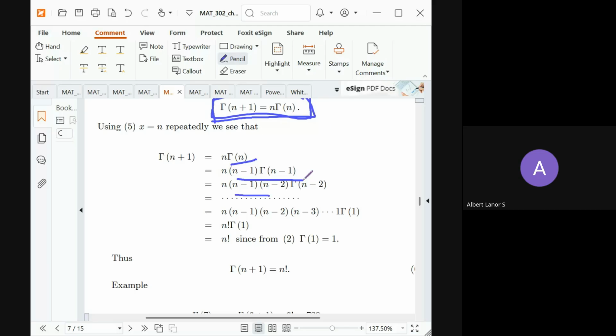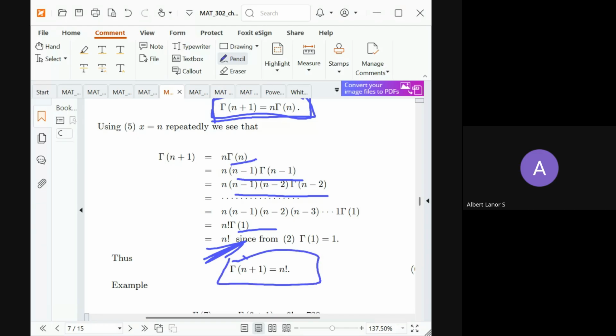Then you do the same thing, n minus 2, gamma of n minus 2, until you get closer and closer to the last one, and the last one is gamma of 1. Gamma of 1 is 1. So before you get that, you will have had n factorial. So gamma of n plus 1 is n factorial.